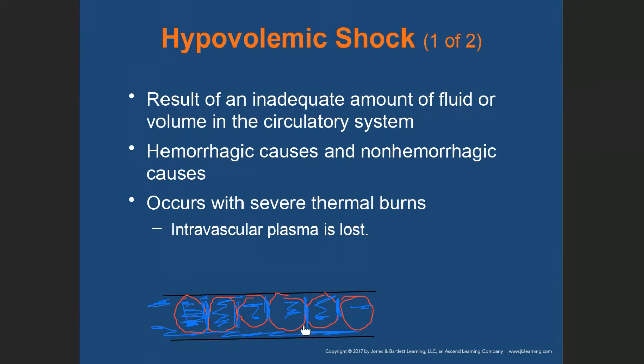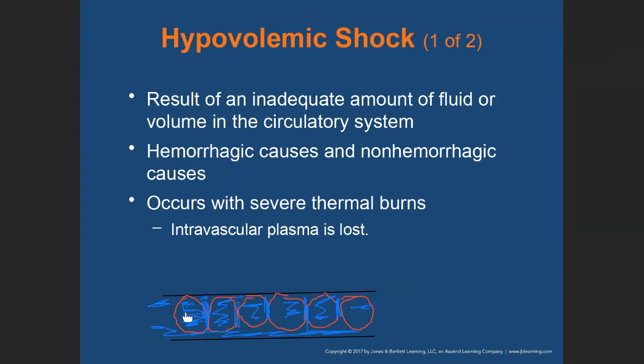If a patient is having excessive diarrhea or vomiting, that plasma portion of the blood is going to be depleted. And if there's depletion, then as I stated before, it's going to affect the amount of blood that's going to the heart and leaving the heart, resulting in shock, because the cardiac output is going to drop.